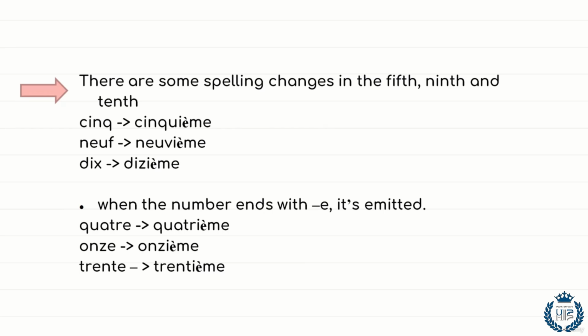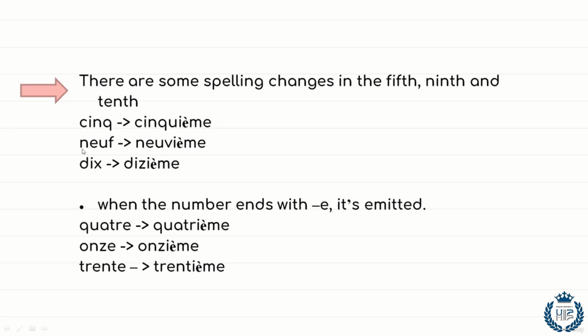Also, I would like to add that there are some spelling changes in the 5th, 9th, and 10th. So we said to form them, we take the number and we add ième, right? But here it is cinquième. We also have this u, right?